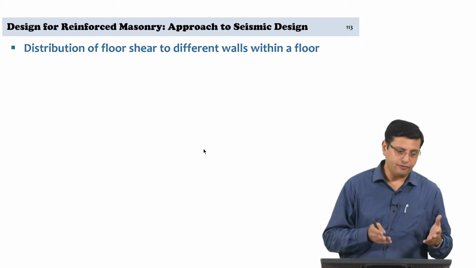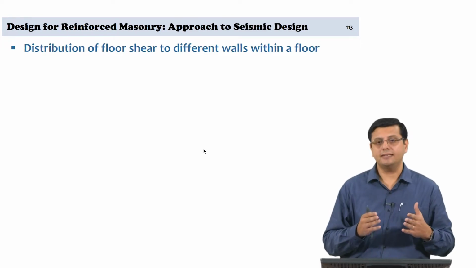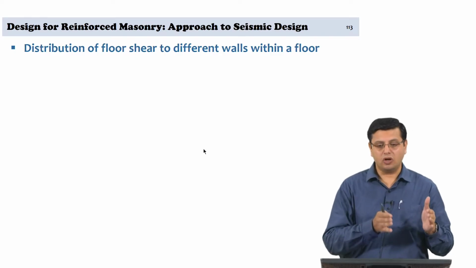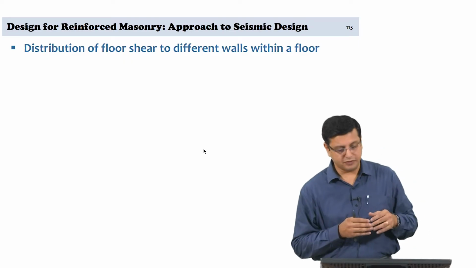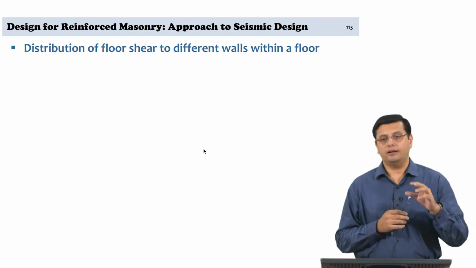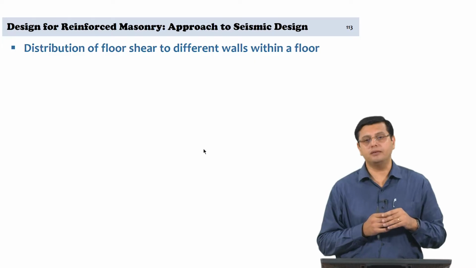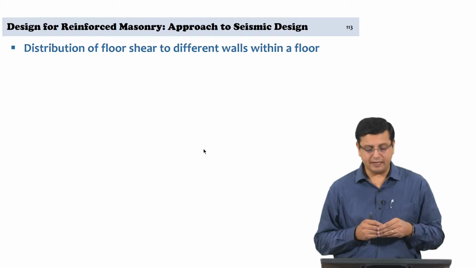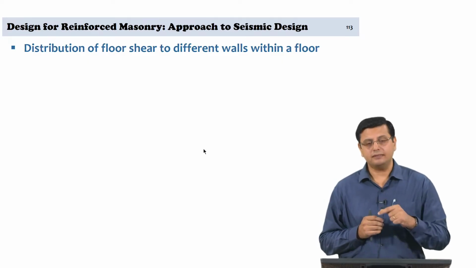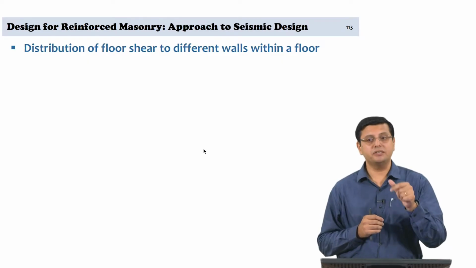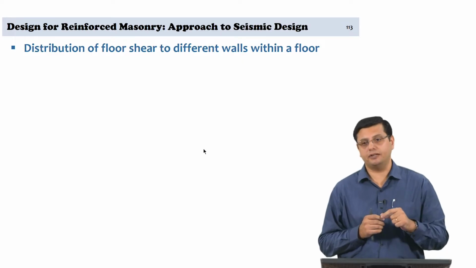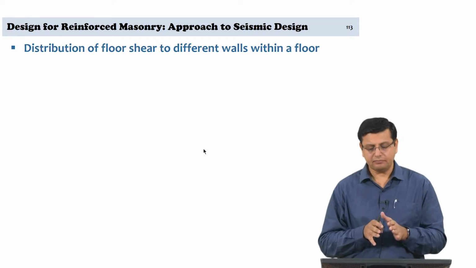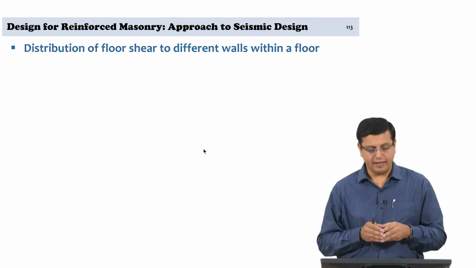And therefore, if you have a plan which has a configuration and layout of walls which causes an eccentricity between the center of mass and center of stiffness, then you will have to worry about the rotation of the plan in addition to the translation when lateral forces are acting on it, which would mean that you will have to estimate the torsional shear component in addition to the direct shear component. And as I said, today we will look at a framework for making those calculations.